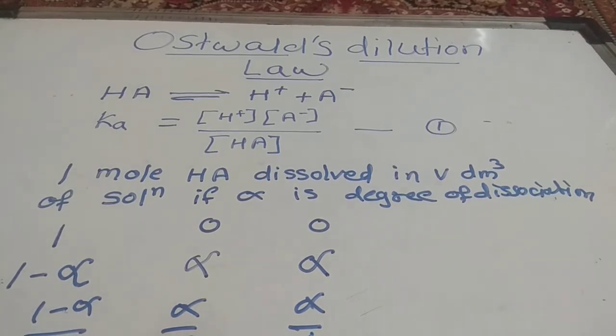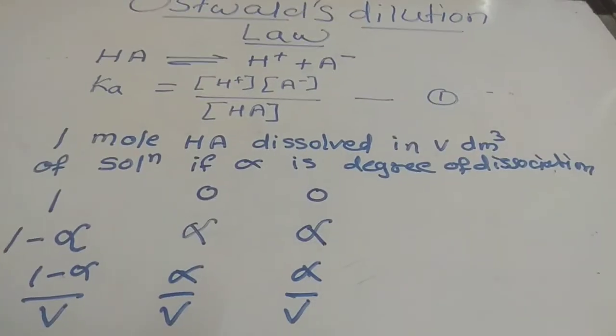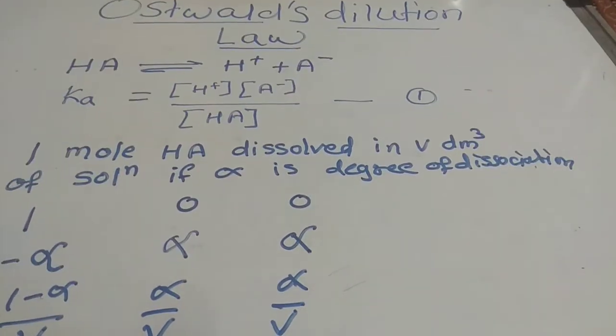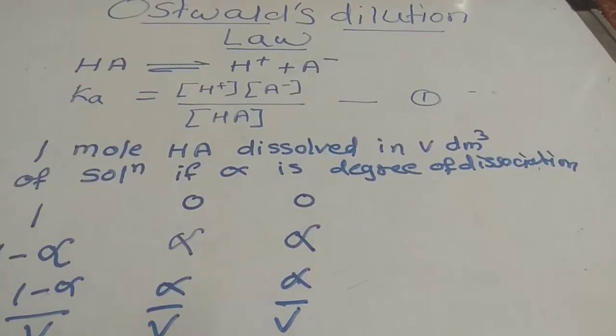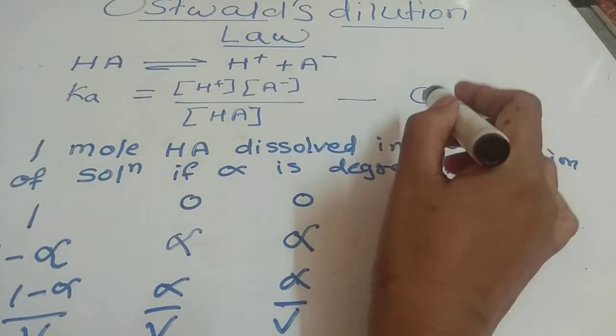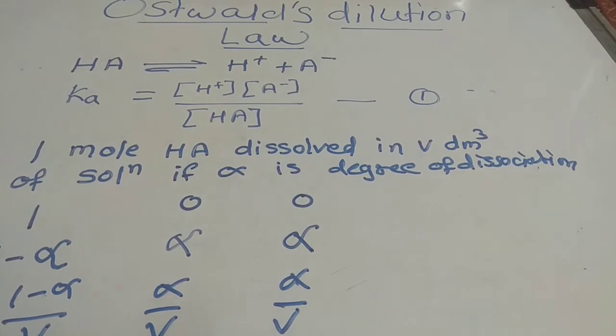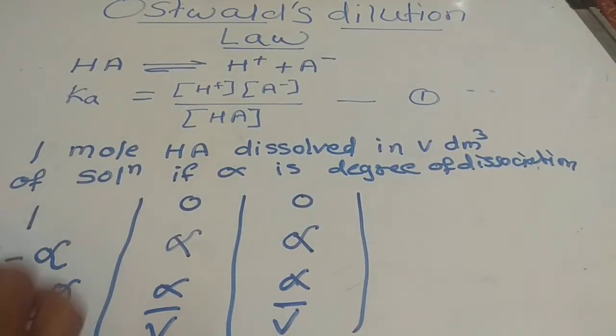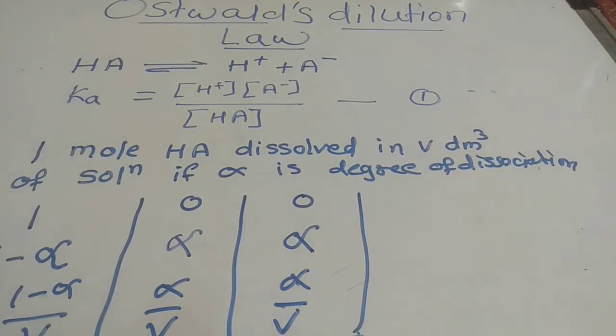So concentration of HA is 1 minus alpha upon V. Concentration of H plus is alpha upon V, and concentration of A minus is alpha upon V. We can put these values in equation 1. This is a table. We have to prepare this table for concentrations.